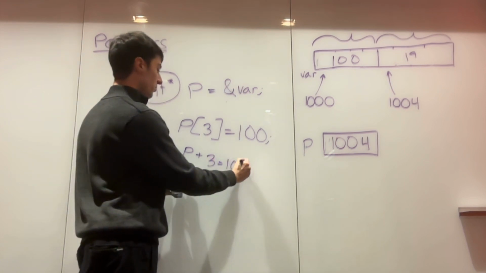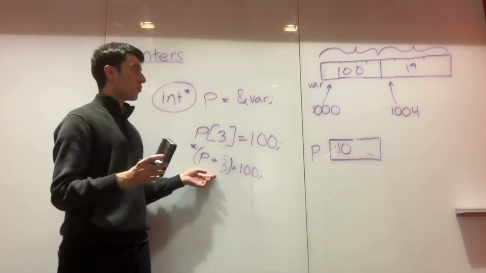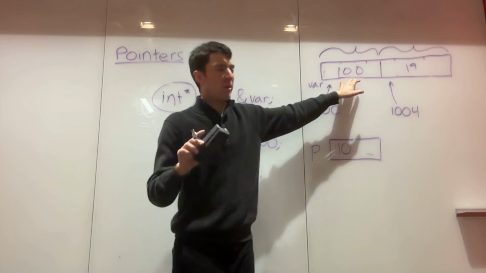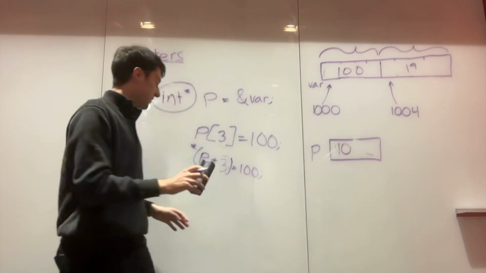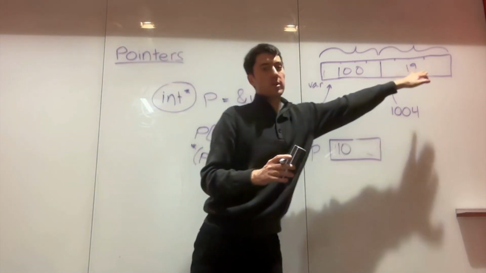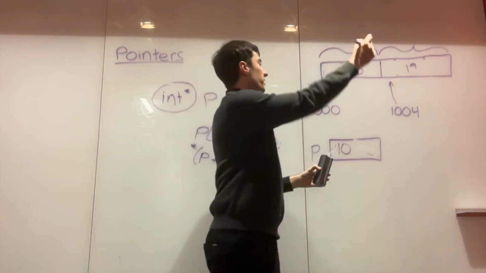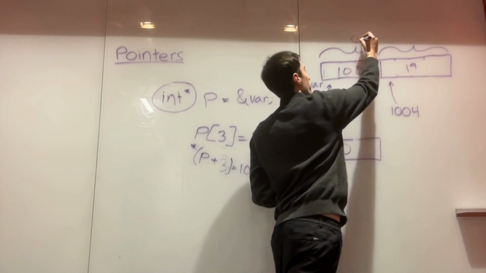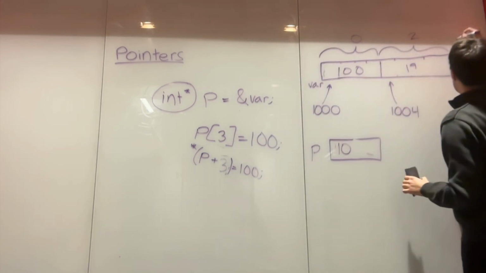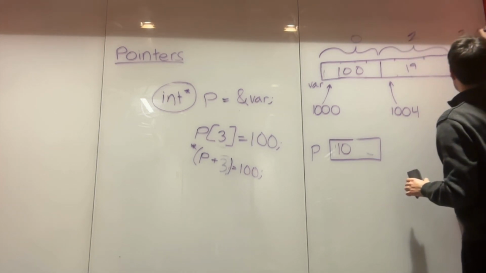equals 100. So I actually made a little bit of a mistake. I said p plus 1 lives right here, or this is p plus 1. No. This is p. Remember, this is p. I'm sorry about that. P plus 1 is going to be this one. And then p plus 2 is going to be the next one. Okay, so this is the 0th index, this is the first index, and then second, and then third.